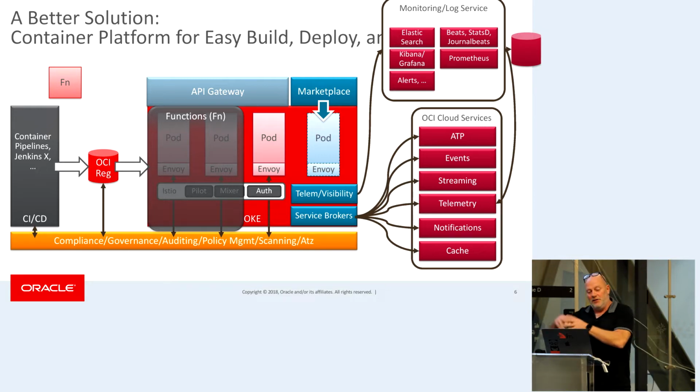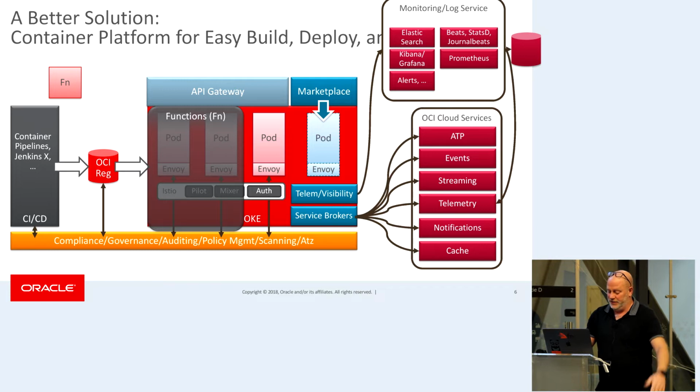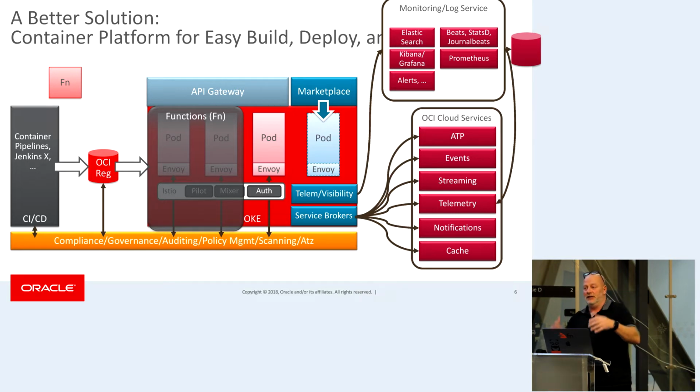And then we have our OKE environment, our Kubernetes environment, that we can deploy pods into. Then we've announced a managed Istio service. So if you're looking at your microservices framework, this is going to be a fully managed and supported, easy, just create the cluster and install Istio in there.